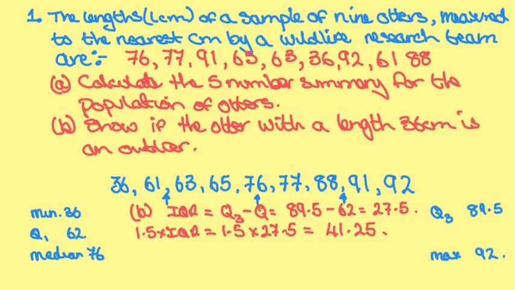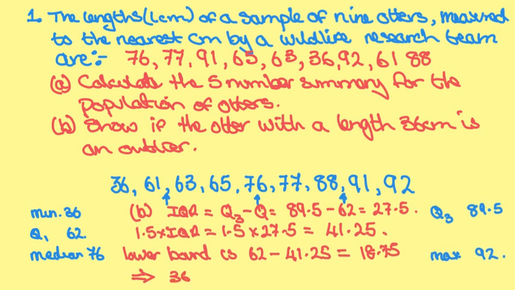And now to find out the outliers, the lower bound is 62 minus 41.25, which is equal to 18.75. Therefore, 36 is greater than 18.75, therefore not an outlier.